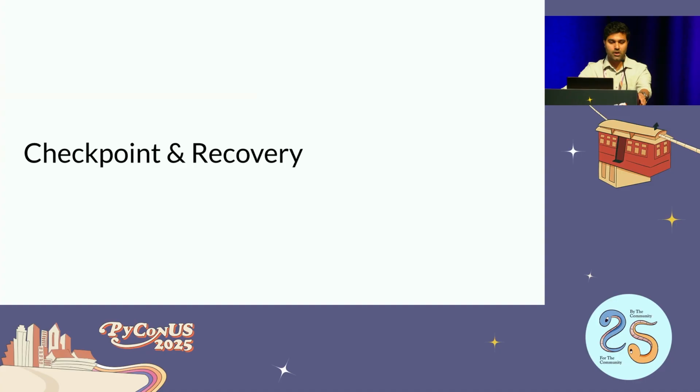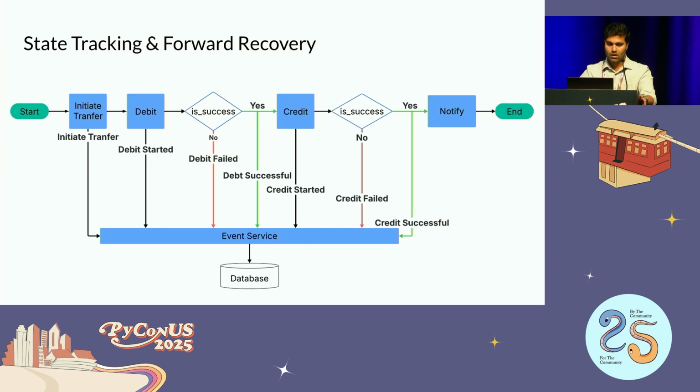Checkpoint and recovery. This is an interesting topic, and I think we implement this a lot. When it comes to a data pipeline, you have different stages or individual components where failures can happen. And state management helps in that. State tracking is a way of tracking each and every event of your data pipeline, critical components where you think that failures can happen, and recording it in the database.